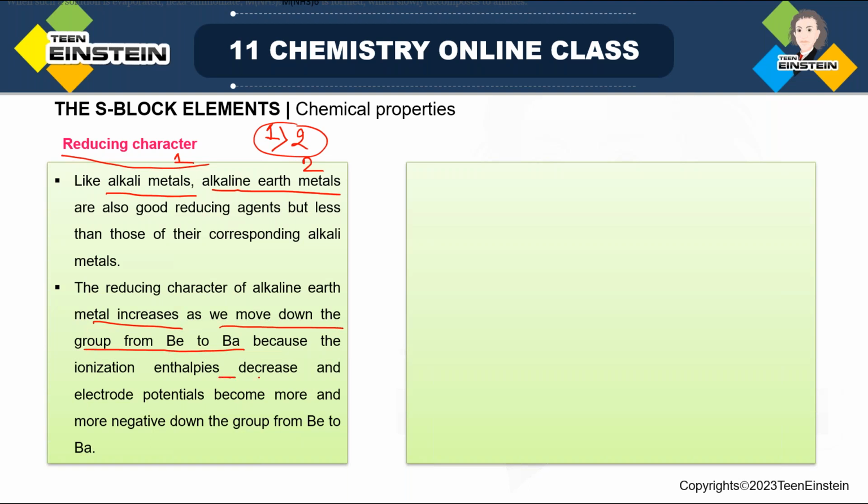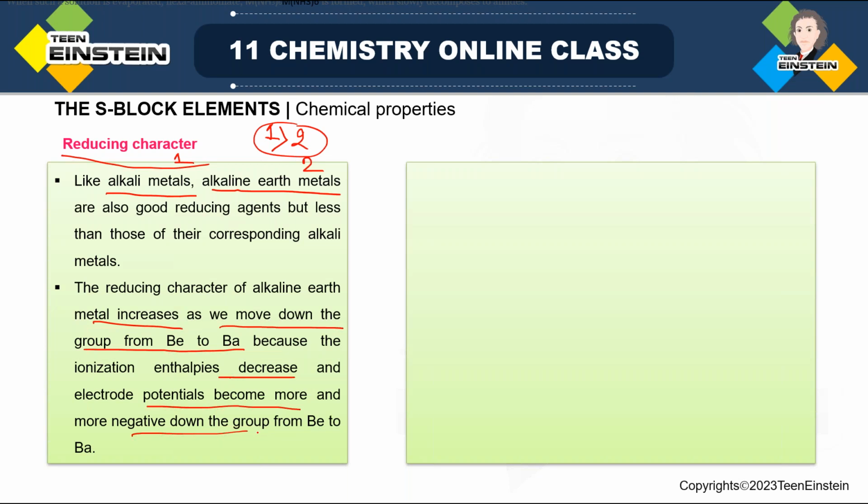So ionization enthalpy decreases and electrode potential becomes more and more negative down the group, starting from beryllium up to barium. So the final conclusion we draw about reducing character, obviously the electrode potential values help us. The more negative, the more will be the reducing capacity. But what are the actual reasons?